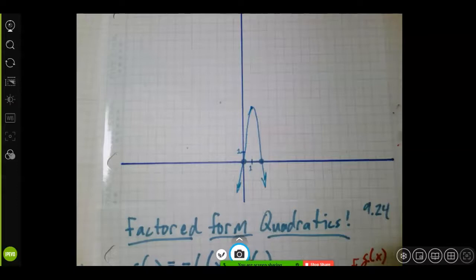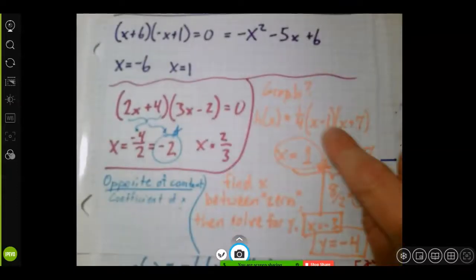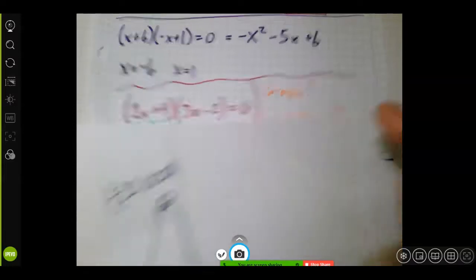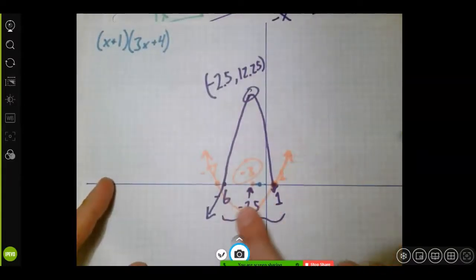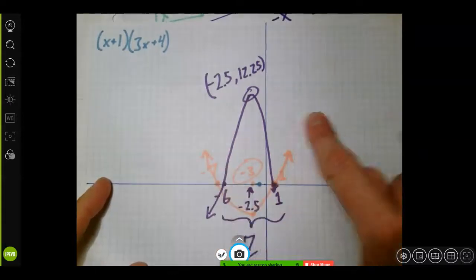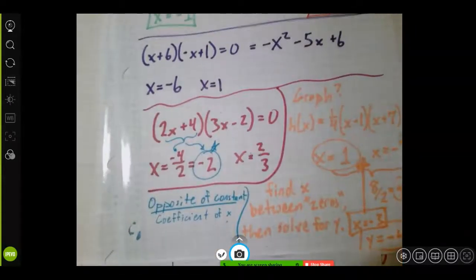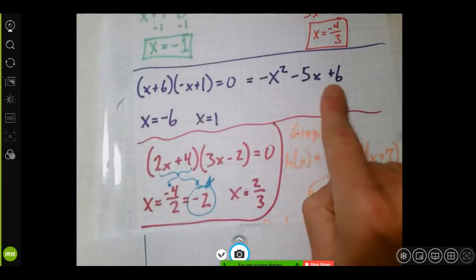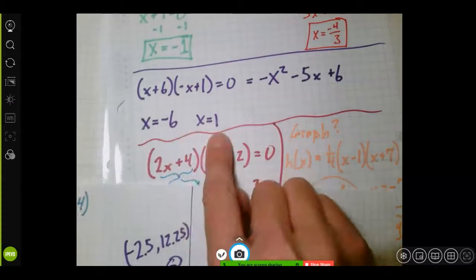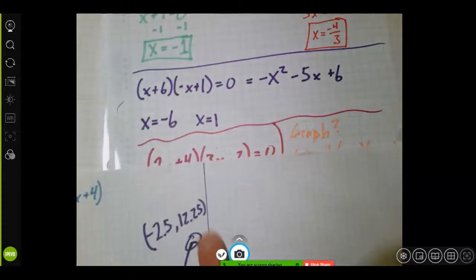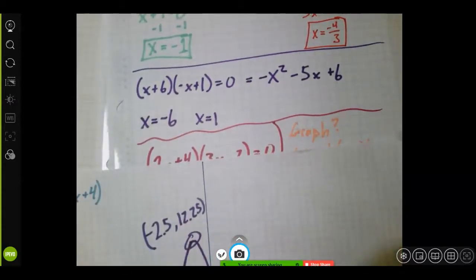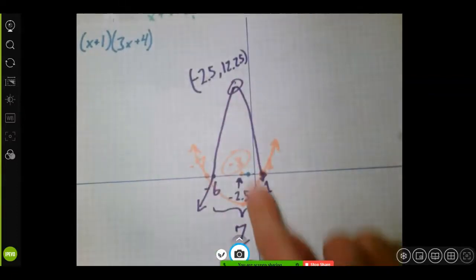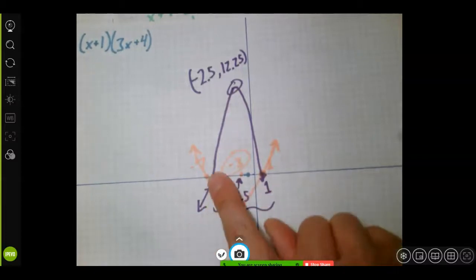Last week, or not last week, on Tuesday, we had 1/4 multiplied by our parabola, and we had a really wide parabola, kind of easy to draw. The purple came from just our standard negative x squared minus 5x plus 6, right? We found these zeros of negative 6 and 1. We found that middle. So this was still pretty wide. Looks like normal for our parabolas, right? My purple is still pretty normally shaped. This shouldn't do that. That's just my error.